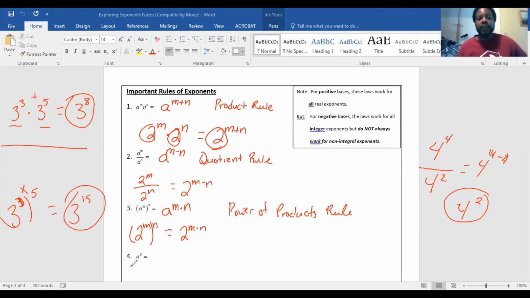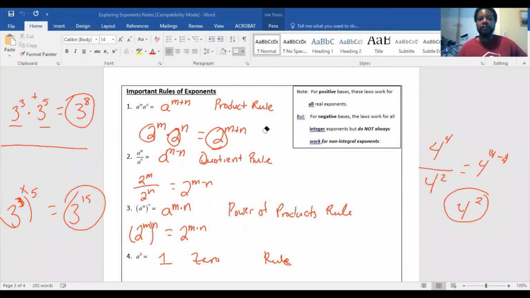And the last one we've seen already, if I have any number or any variable raised to 0, the answer is always going to be 1, and this is the 0 exponent rule.